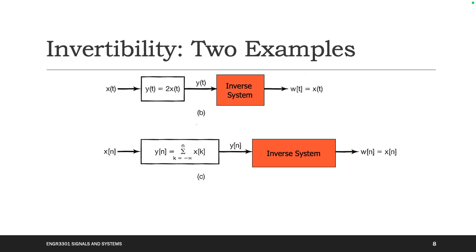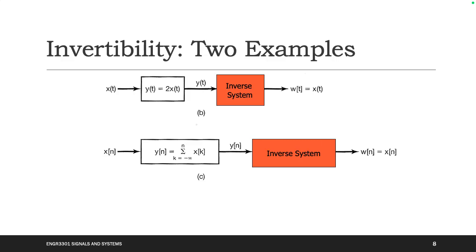Actually, this x1(t) is exactly this part. That makes sense? And then you get this one. So this is just the inverse system.